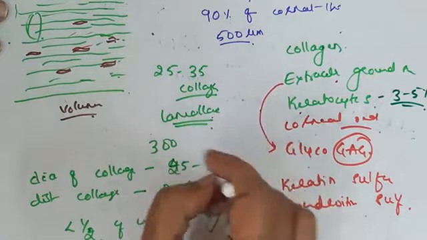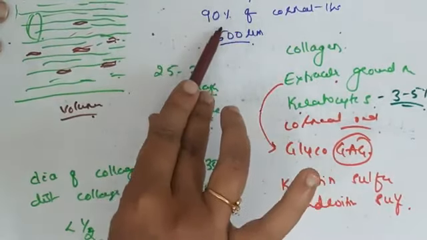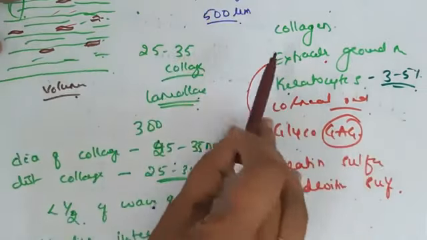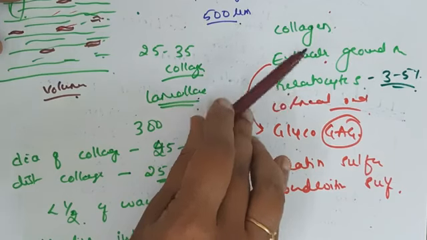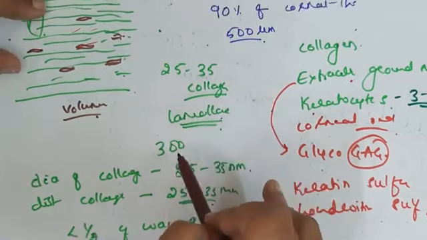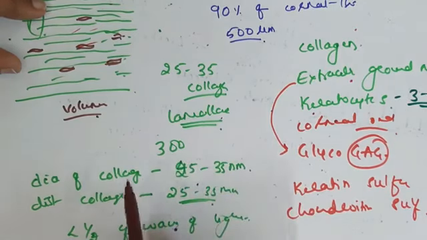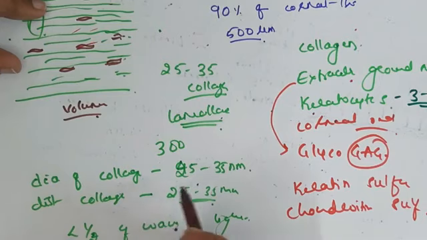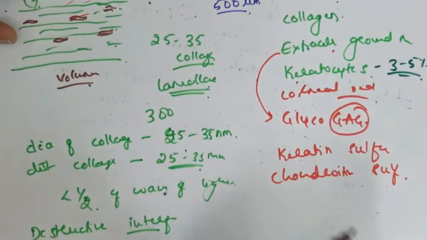So let me repeat once again about the stroma. Stroma, also called substantia propria, contributes to 90% of the corneal weight. It has three main components, that is collagen, extracellular ground substance and the keratocytes. Around 25 to 35 collagen fibers unite and form the lamella. Around 300 lamella in the stroma. The diameter of each collagen fiber and the distance between each collagen fiber is equal, and both are less than half of the wavelength of the light, leading to destructive interference, thereby maintaining the clarity or transparency of the cornea.